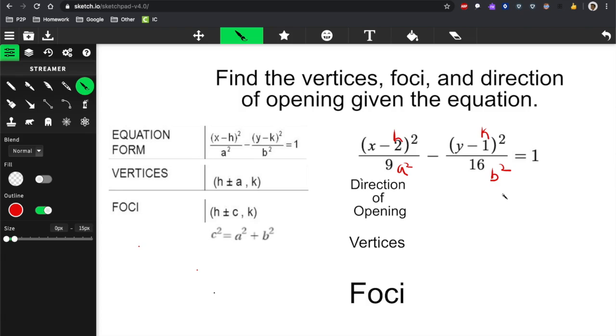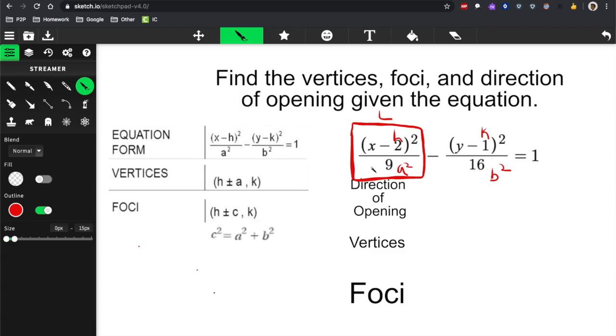Okay, so now that we have that, I think the easiest way to approach this problem is to figure out the direction of opening first, because that will determine which set of equations you would normally use. Now, since this x squared term, I'm going to call this all one term, the L term, just because L is the first letter of my name.